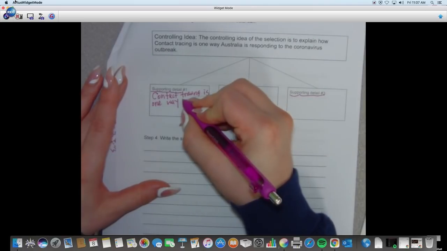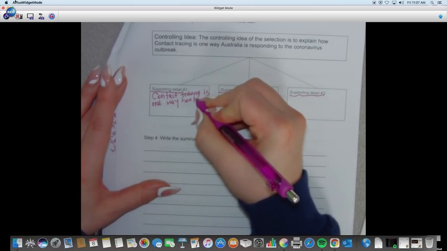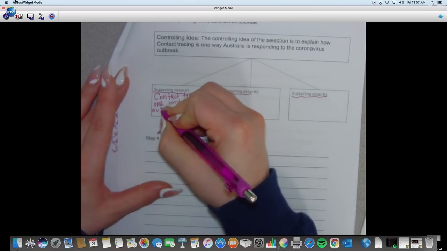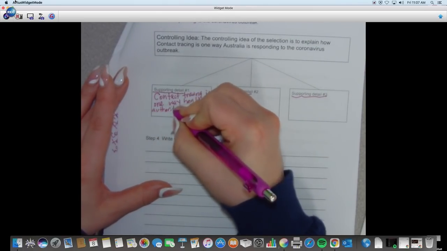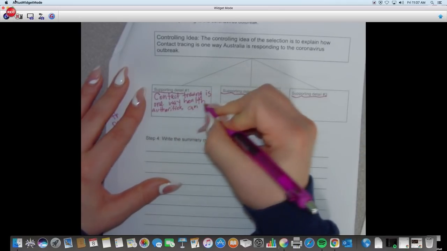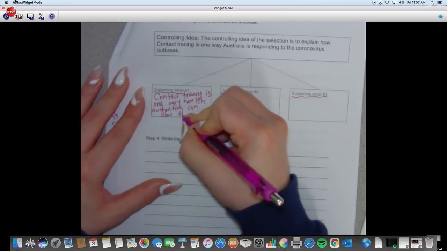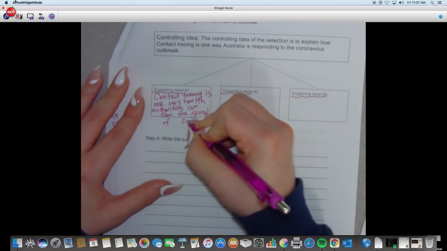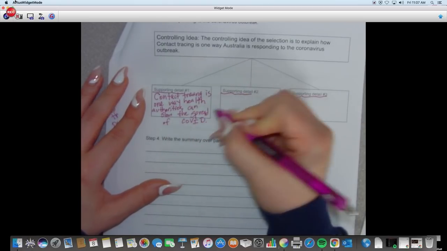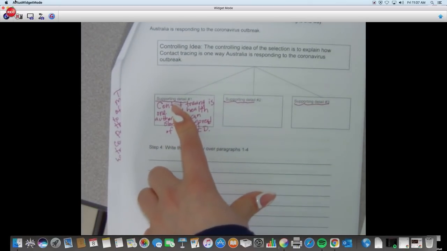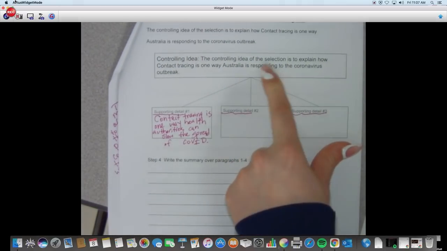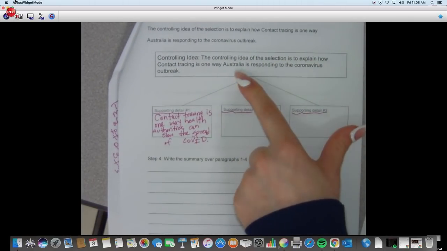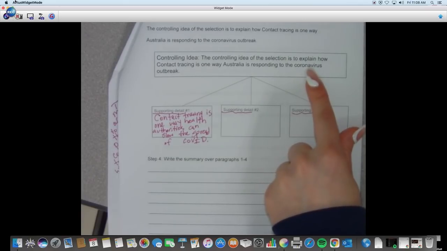Contact tracing is one way health authorities can slow the spread of COVID. Bam. Okay, that's one supporting detail from our text that supports that the whole thing is about contact tracing and a way that Australia is responding to the coronavirus outbreak.